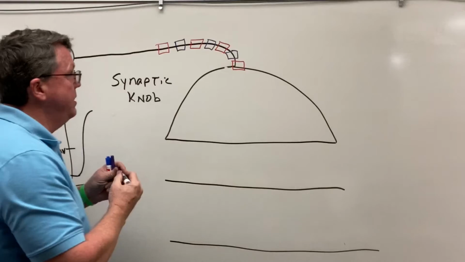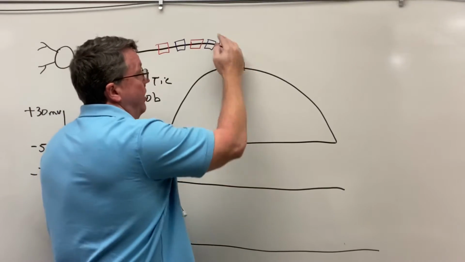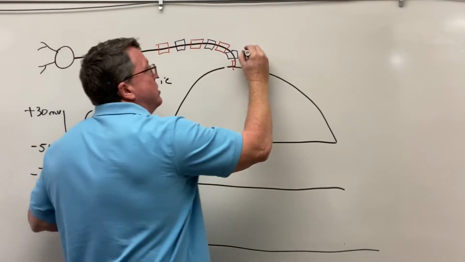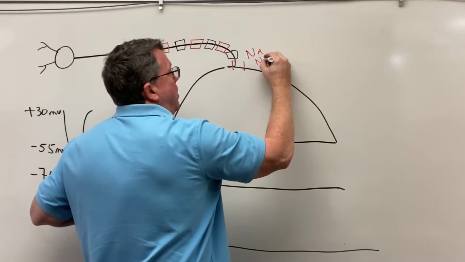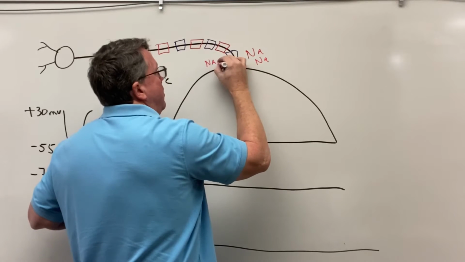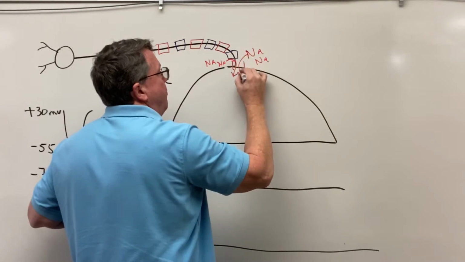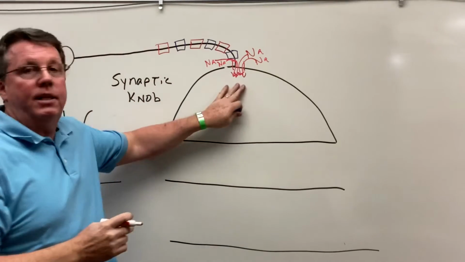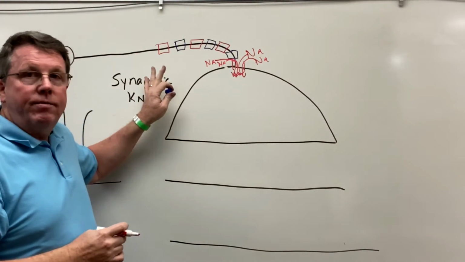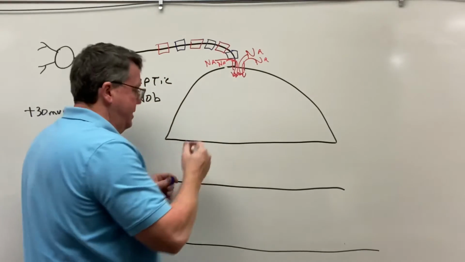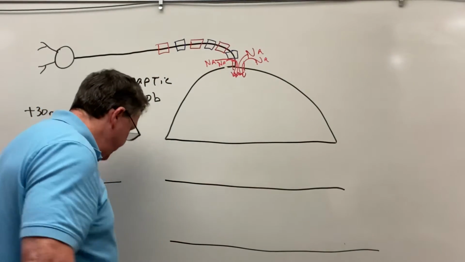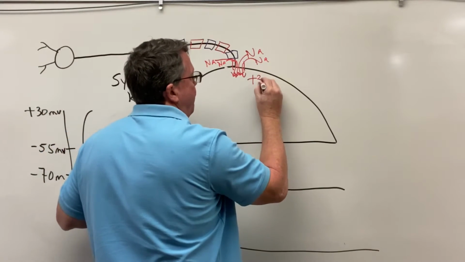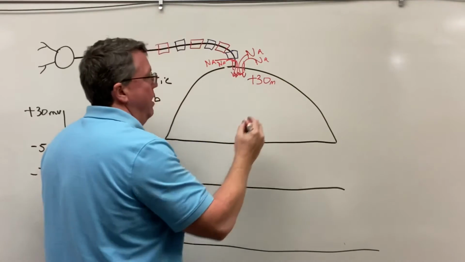So when this gate opens here, just like it's been doing all along the nerve, I'm going to have sodium start rushing in. Okay, and there goes sodium. Now it's rushing into the inside there. Just like we've seen everywhere else, once this gets inside here, the inside of this goes to +30 millivolts.